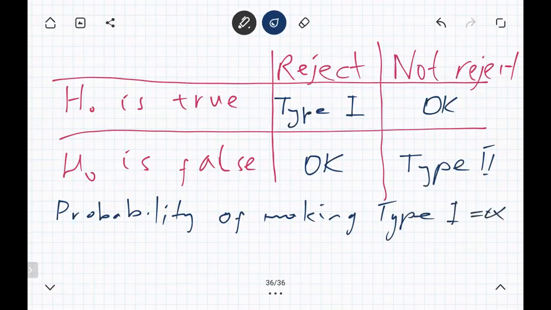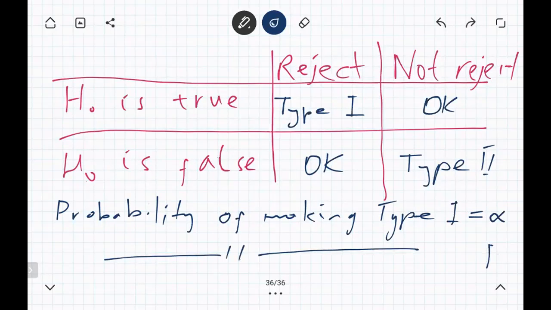So our significance, or the level of risk as we call it, is just the probability of making a type 1 error, the probability of not believing the truth. Then there's the probability of making a type 2 error, and it's called beta.